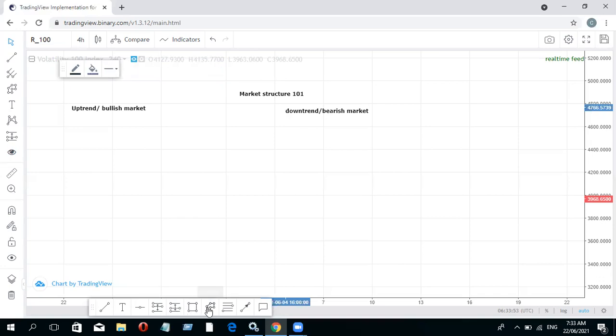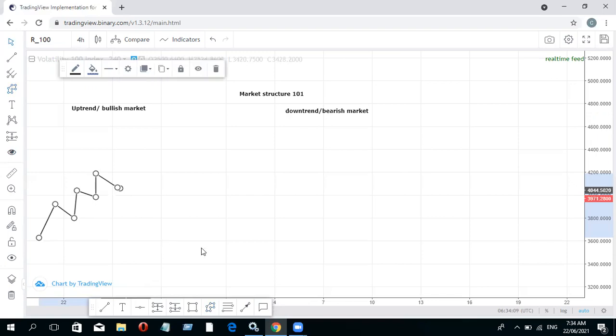In a bullish market, we see price making steps like this. So this is what we have in an uptrending market.